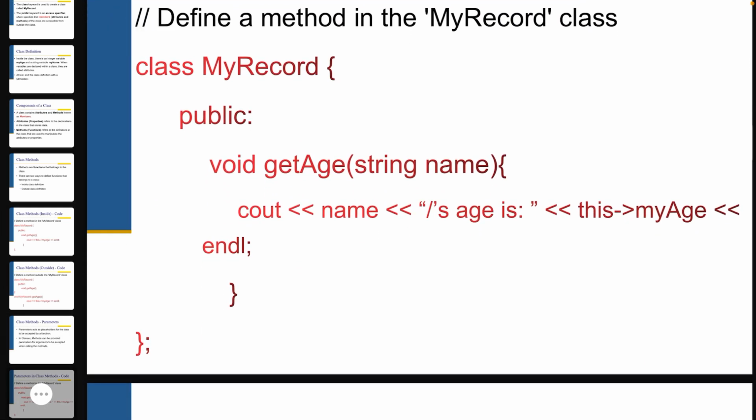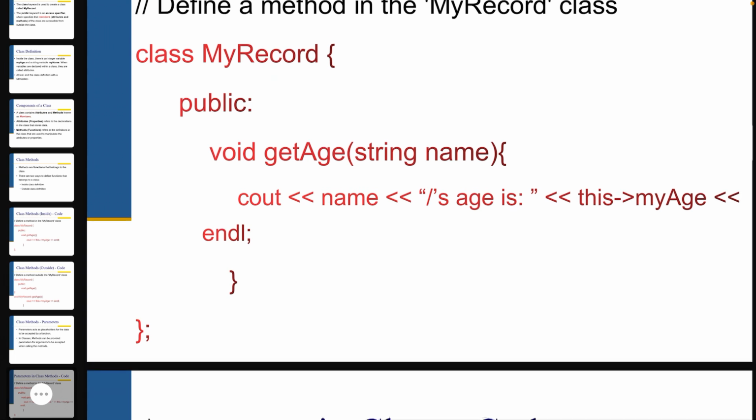But with this, for void getAge, you write a string inside the parentheses, whereby when you cout, you get your string name over there.